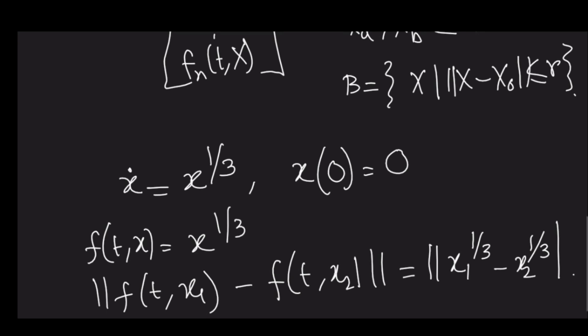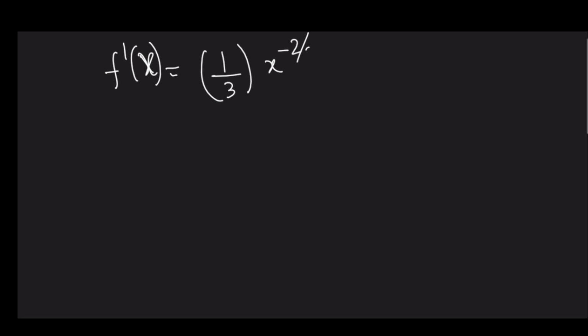Or in another way you can also show that it is not Lipschitz. You can compute the value of f dash x. F dash x will become 1 by 3 x to the power of minus 2 by 3.